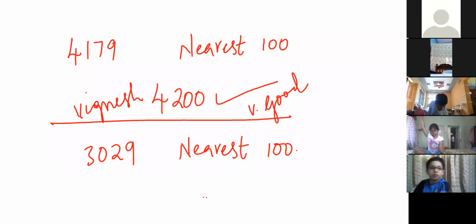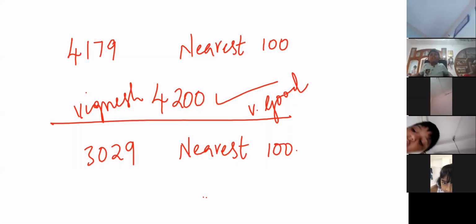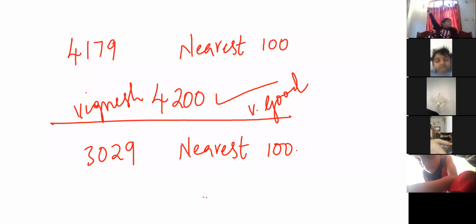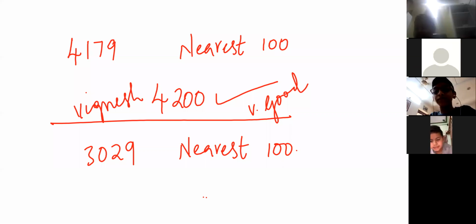You have to round off this number to its nearest 100. Ananya, where are you, Ananya? Okay, Mirza. You once unmute yourself, Mirza.